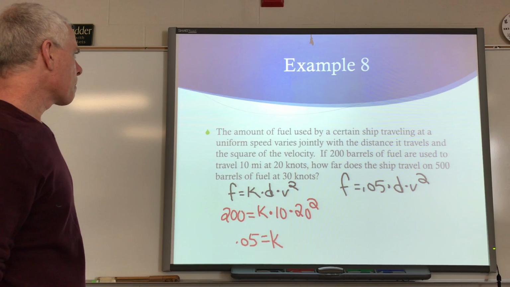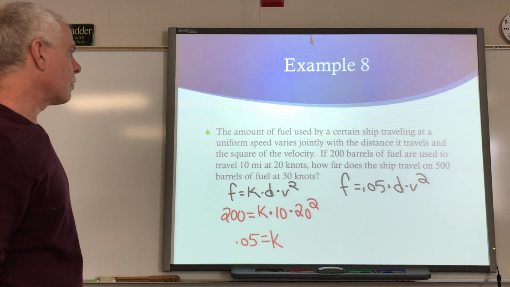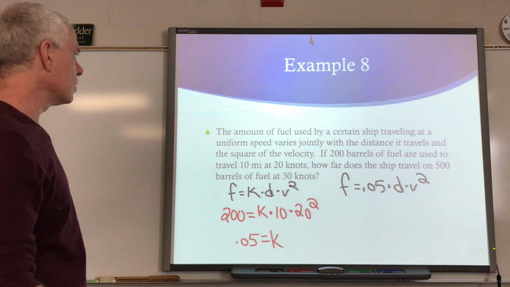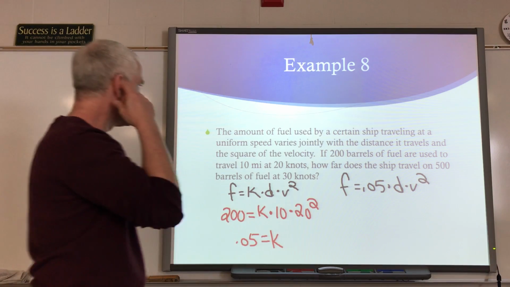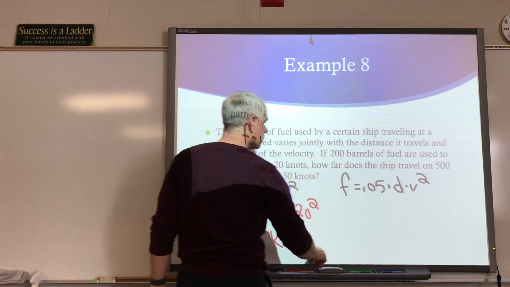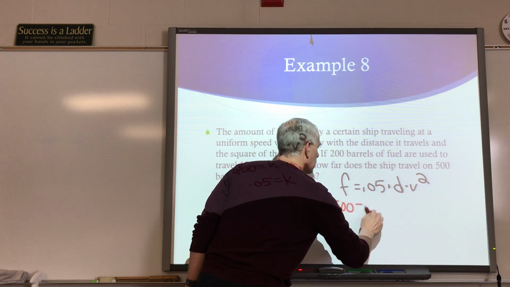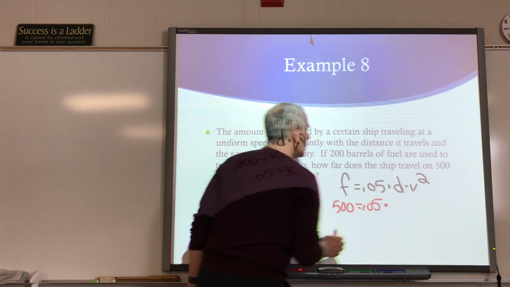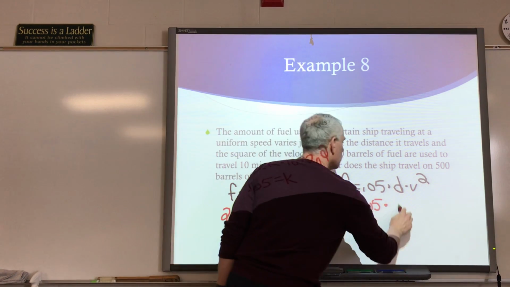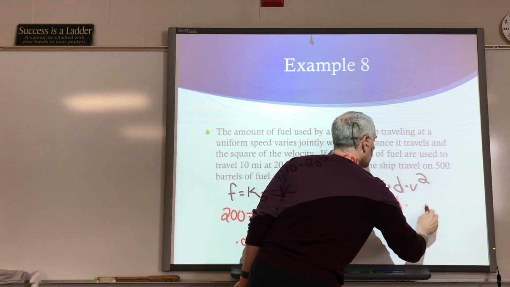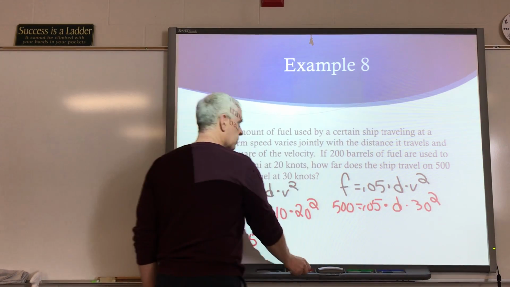So how far does the ship travel on 500 barrels of fuel at 30 knots? Well, that 500 barrels of fuel, that's F. It says how far does it travel? I don't know D. At 30 knots, so 30 squared.